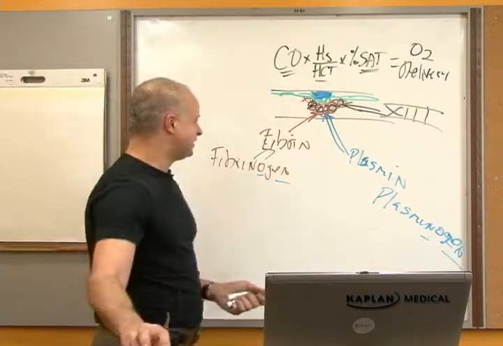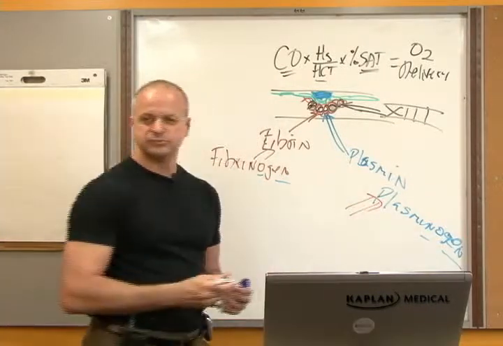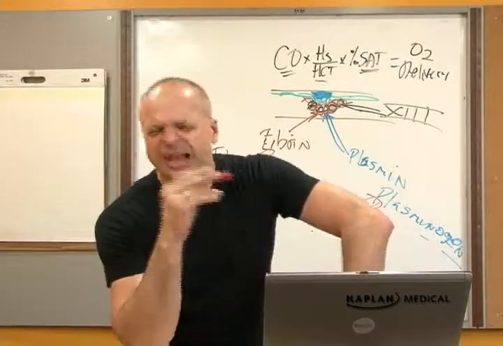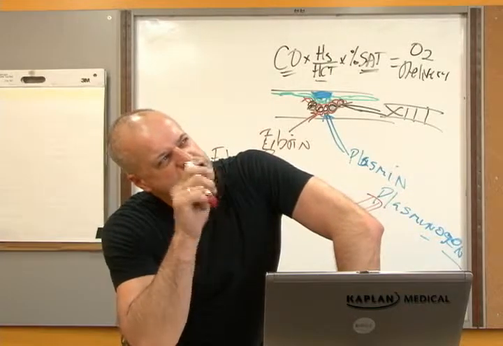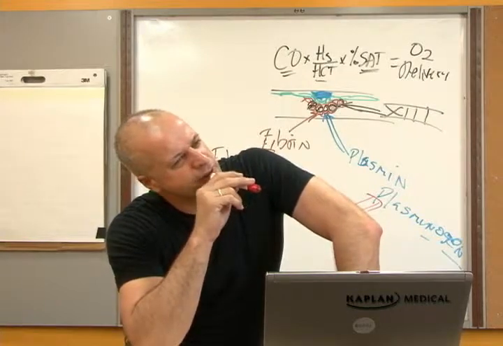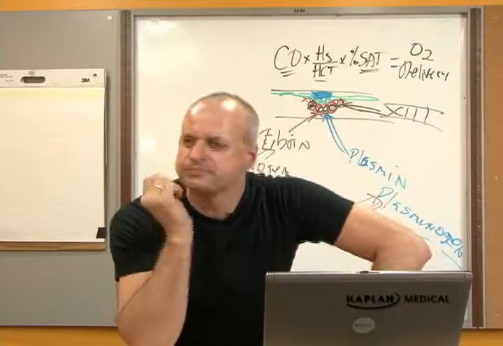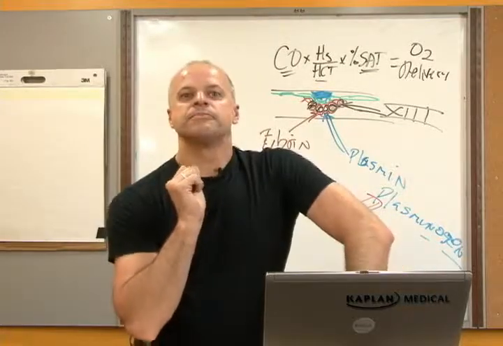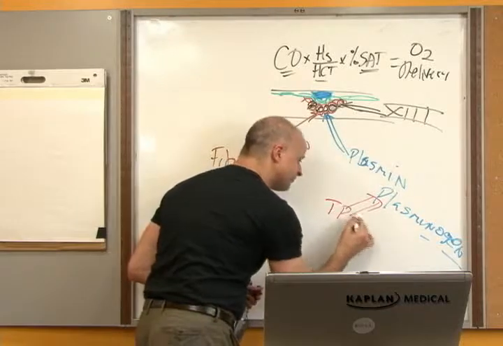Now, what is it that activates plasminogen into plasmin? There's something in the tissue that activates plasminogen. That would be tissue plasminogen activator.